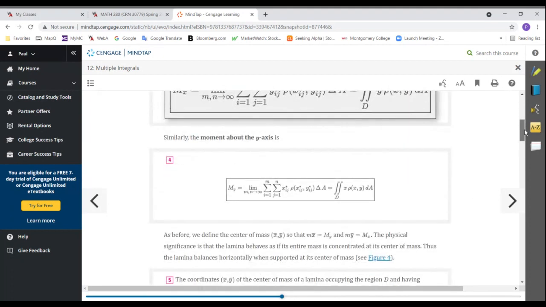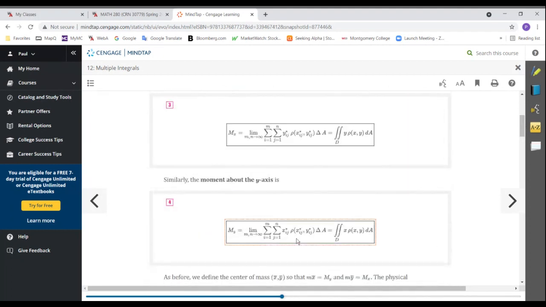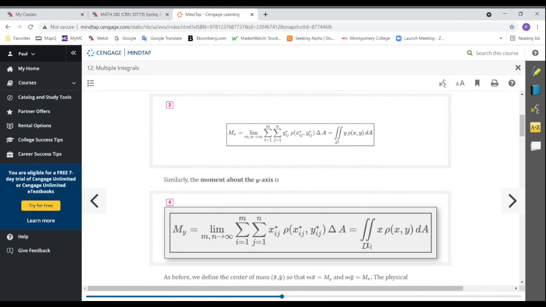It would be a similar formula. Instead of y times rho in the integrand, you're going to have x times rho in the integrand. So those are your two moments.